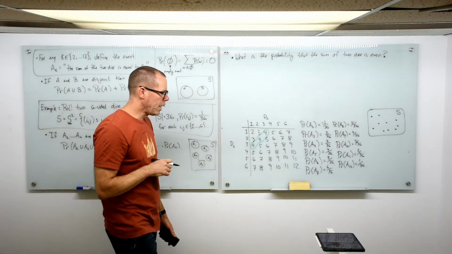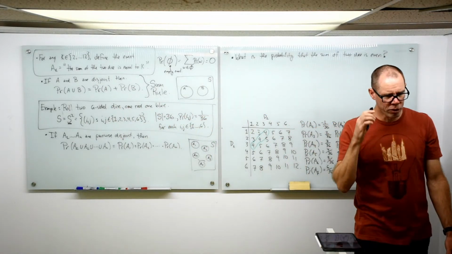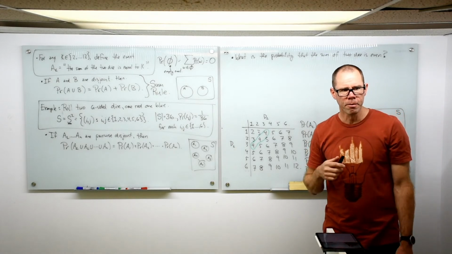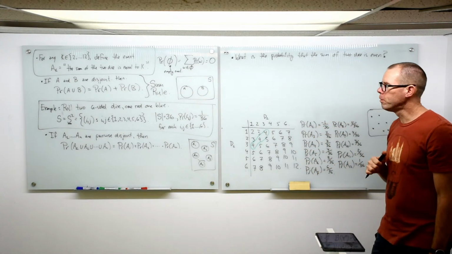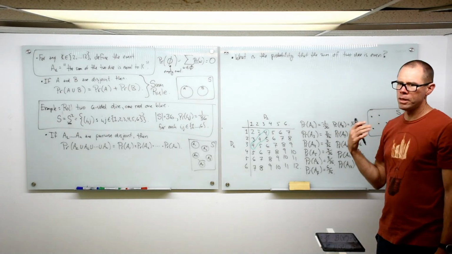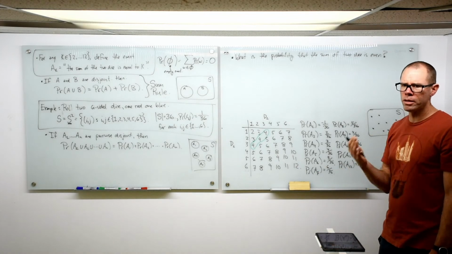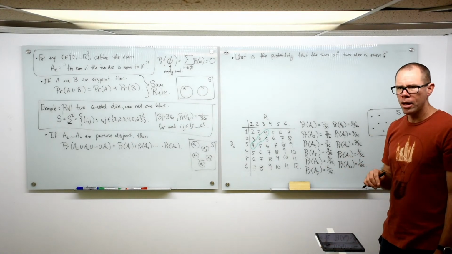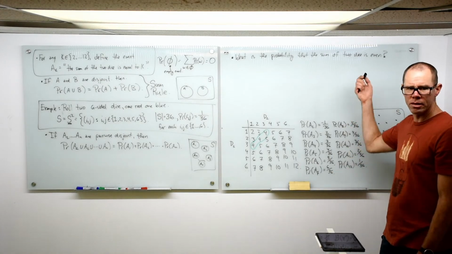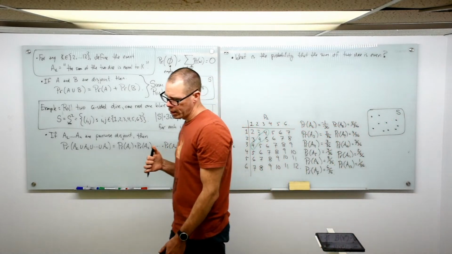If you just don't think at all and make a wild guess, you're probably going to guess that the probability that the sum is even and the probability that it's odd should be the same thing. And since the sum is either even or odd, that should mean it's a half, so it's equally likely to be even or odd.